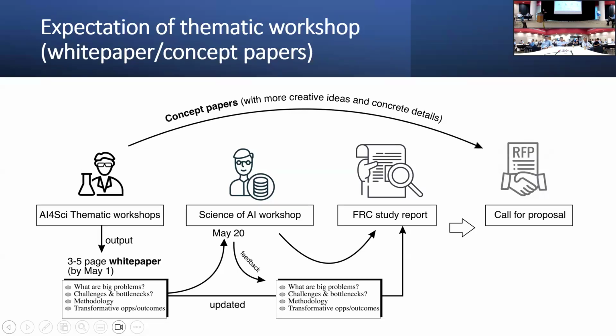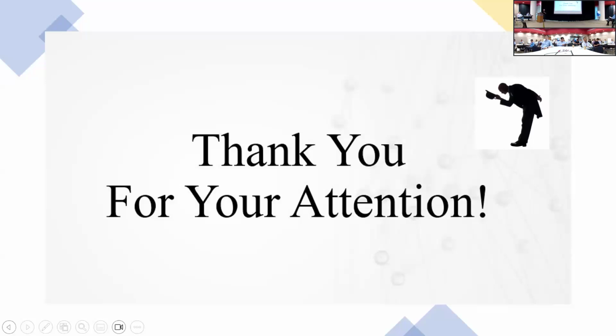Then probably around August, we will have a call for proposals, and we'll ask you to submit concept papers instead of white papers, to get more creative ideas about what we can do to solve this problem. So that is the overall idea, and thank you for your attention.